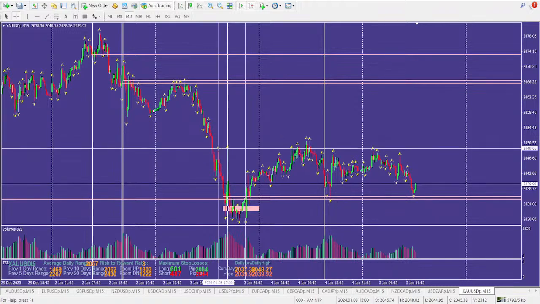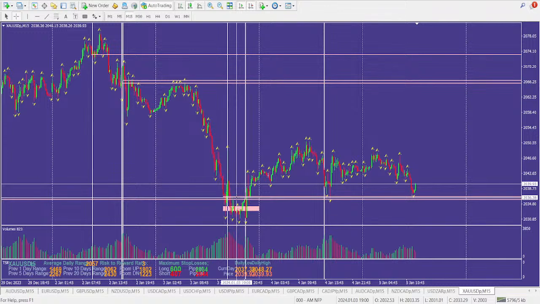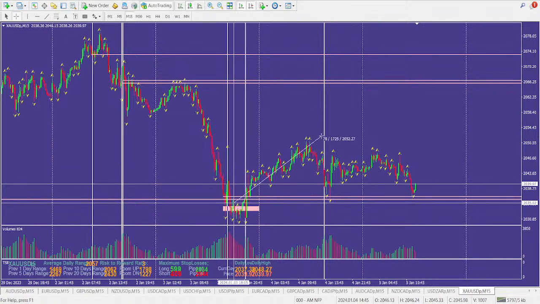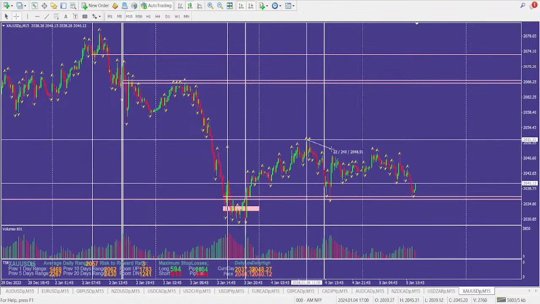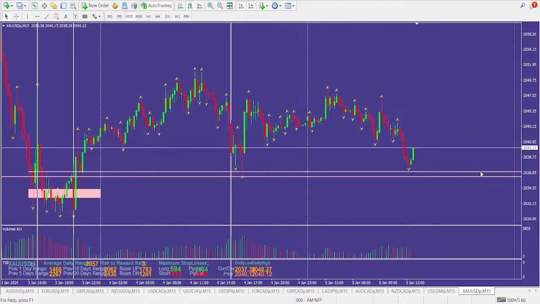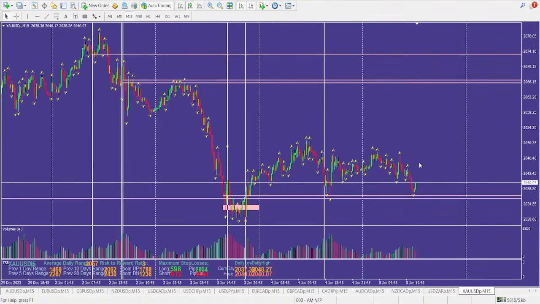We have price that came to test this demand level over here on January 3rd. Price pushed up off this level, and has come back down. So obviously the setup we want to look for is for price to come back down a bit and test our demand level again. As you can see, price is kind of pushing a little down over here, even though it is consolidating.